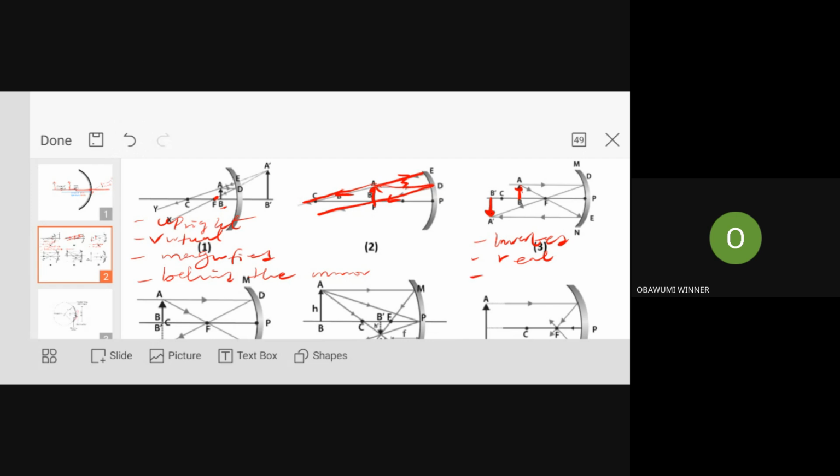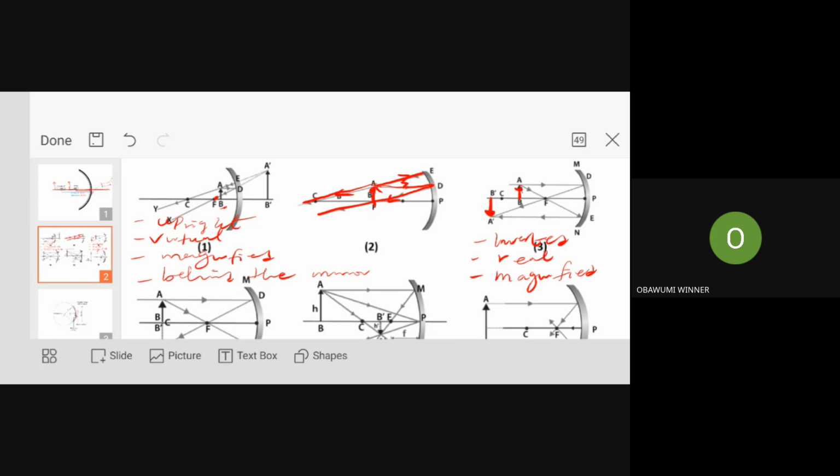Now, the third thing you have to know is that the image is going to be what? I've talked about inverted. It's going to be magnified. Magnified in the sense that it will look somewhat bigger than the original object. So the image will be inverted, the image will be real, the image will be magnified. And do I have a fourth property here? It will be formed behind the center of curvature.